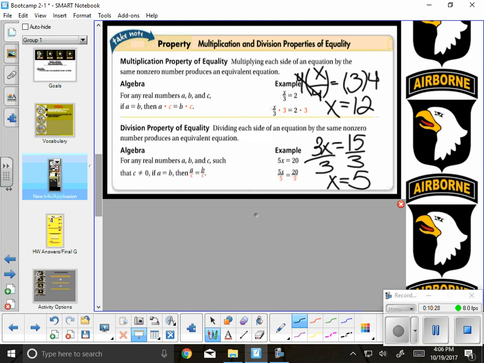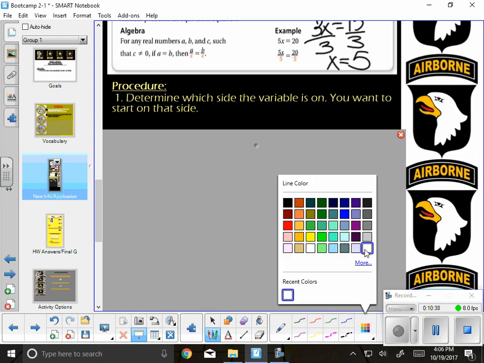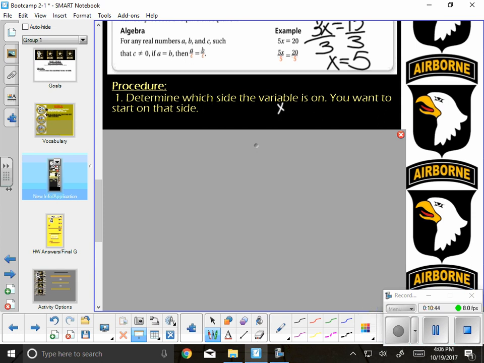So now we're going to go through the procedure on how to solve multiplying and dividing one-step equations. So the first step is very similar to that of adding and subtracting. You're going to determine which side the variable is on, and you want to start on that side. So again, if we have x over 2 equals 8, we can see clearly that the x variable is on the left-hand side.